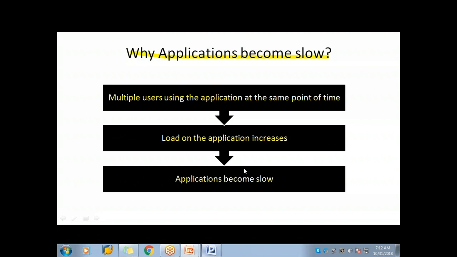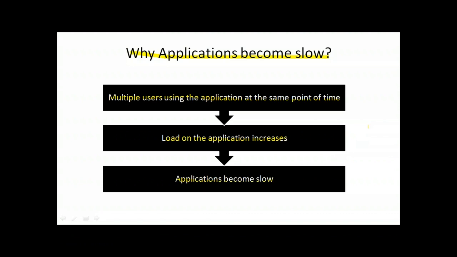But in general, this is a rule of thumb. There are multiple users using the application at the same point of time, the load on the application increases, and there is a chance that the application becomes slow. And typically, that's how applications become slow.